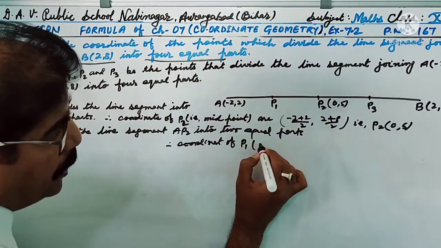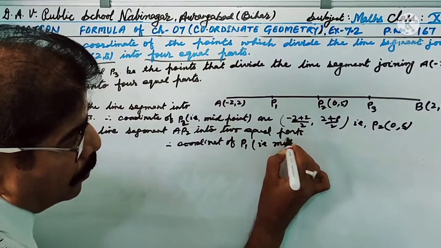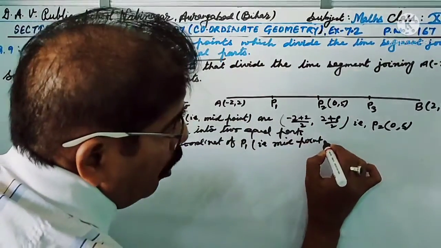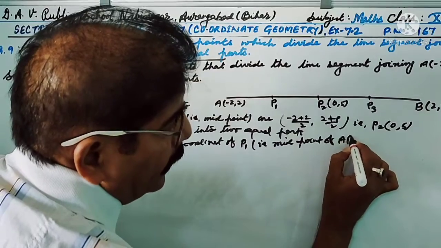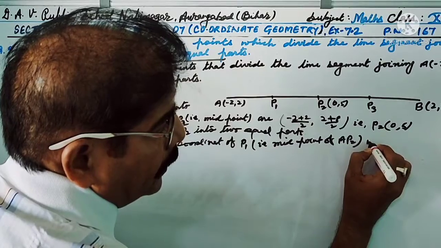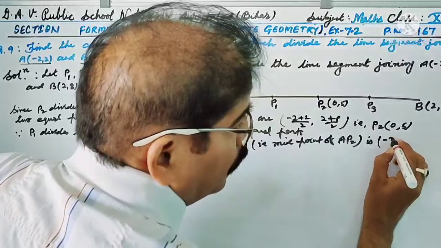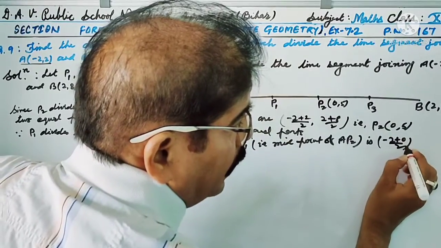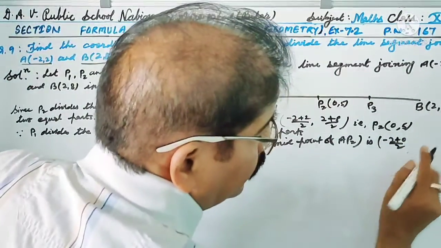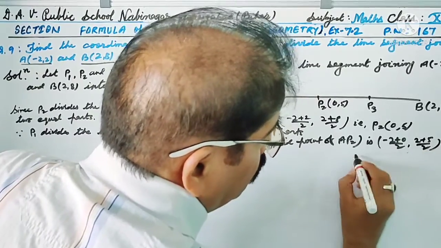that is the midpoint of AP2, is ((-2 + 0)/2, (2 + 5)/2).